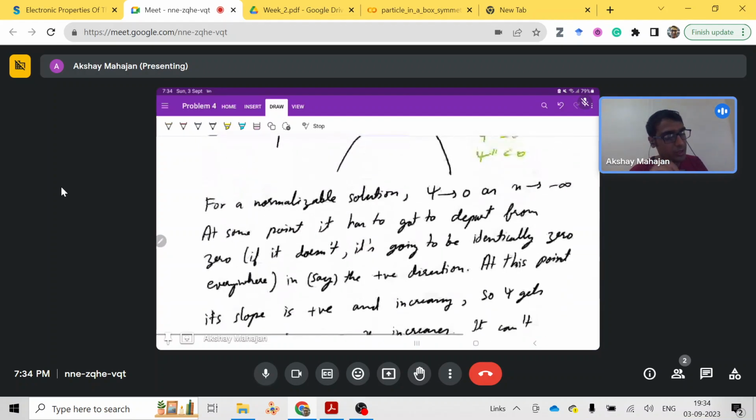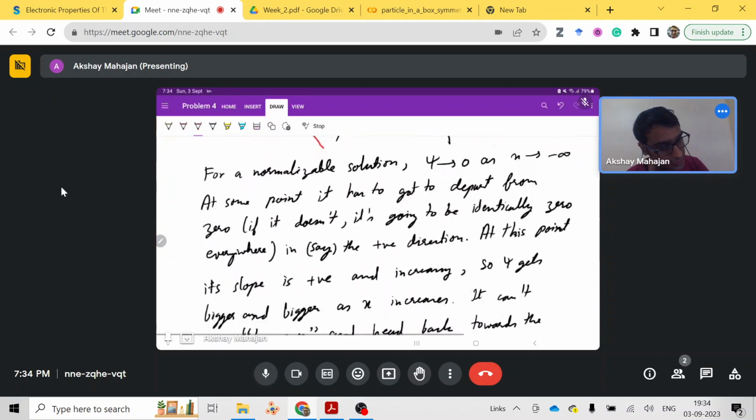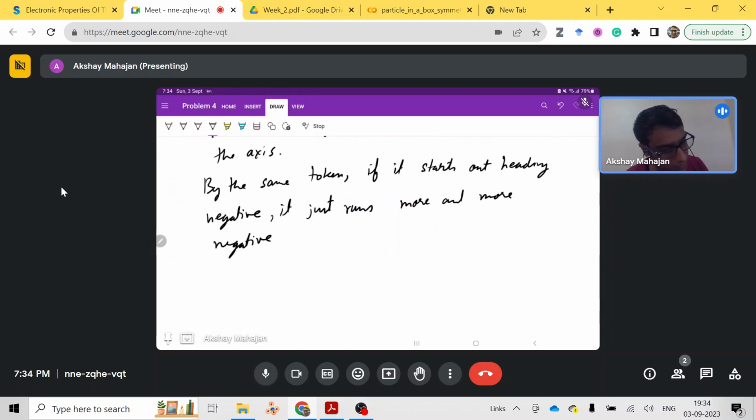And similarly, if it goes into the negative direction, so even if it becomes negative, it will still go in this direction. It will always go away from this axis. And you can just go from plus infinity as well.